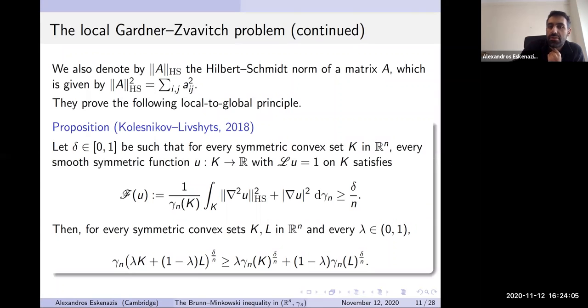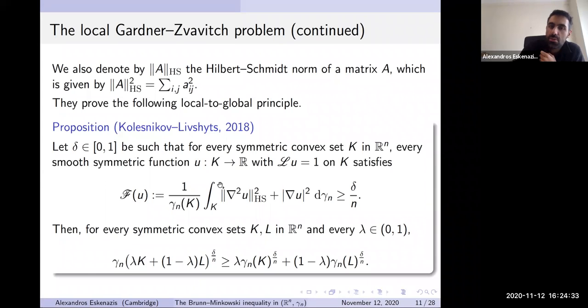And now here's the local to global principle, which again is due to Kolesnikov and Livshyts and builds upon work of Kolesnikov and Milman. So fix a number delta between 0 and 1. And suppose that for every symmetric convex set, every smooth symmetric function u on the convex set, which solves the elliptic equation Lu equal to 1, satisfies this functional inequality.